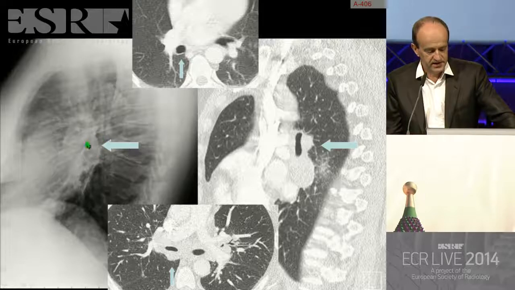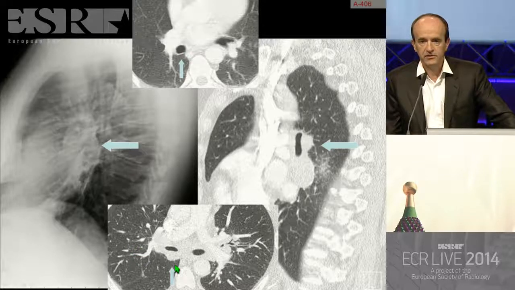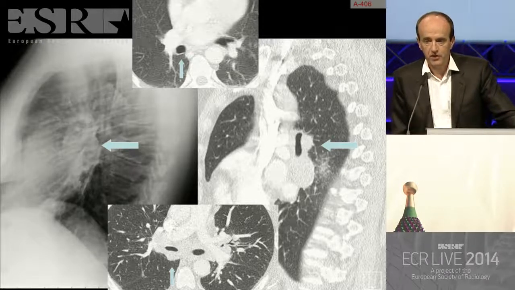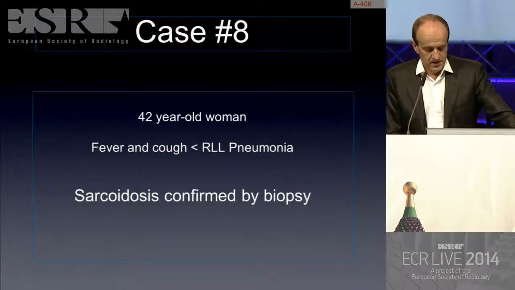In this case, it's no more a line, it's a band with rounded shape because there is a lymphadenopathy located posteriorly to this intermediate bronchus. This location of adenopathies can be detected on the lateral view of the chest radiograph. Sarcoid was confirmed at biopsy.